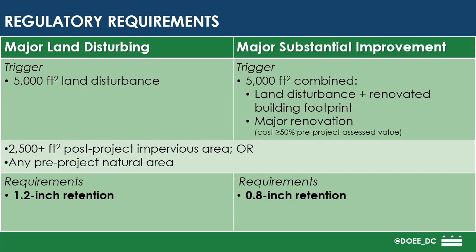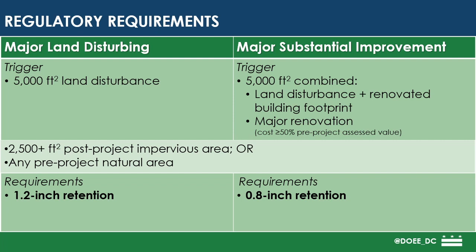There are also major substantial improvement activities, which are renovations where the combined area of the structure's footprint and the land disturbance is 5,000 square feet or greater, and the project cost exceeds 50% of the pre-project value of the structure, and that's just the structure, not the land, and the same two additional triggers related to impervious and natural land cover that applied with the major land disturbing activities applied to major substantial improvement activities as well.